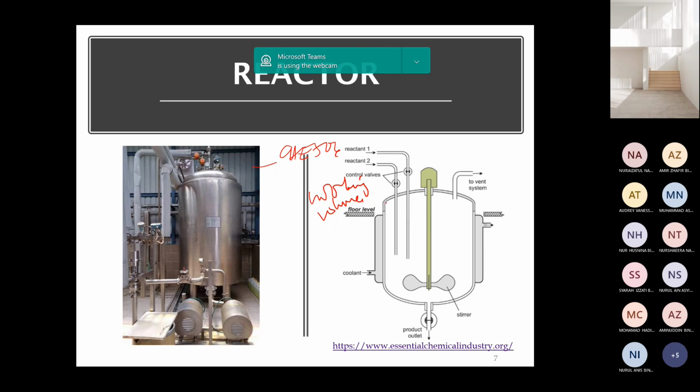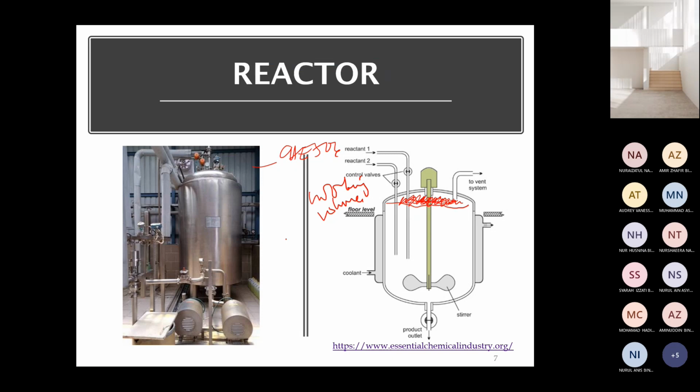Usually the working volume will not occupy the whole reactor. There must be a head space here to avoid any build up of pressure if anything happens. For example, if there is a malfunction of the controller, the liquid level will increase and it can cause a rupture. So to avoid any build up pressure, there must be a head space here.